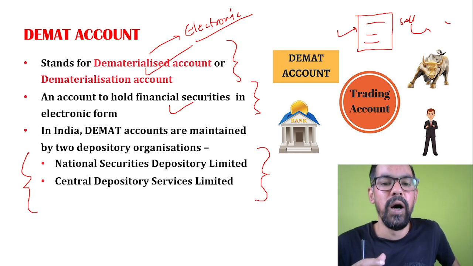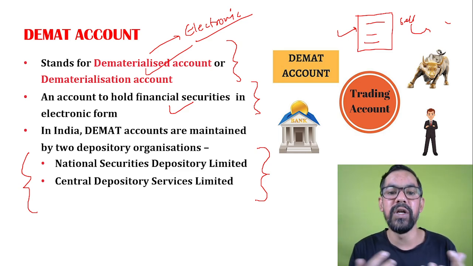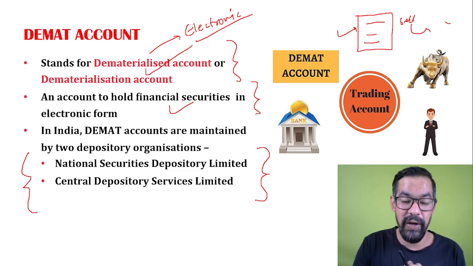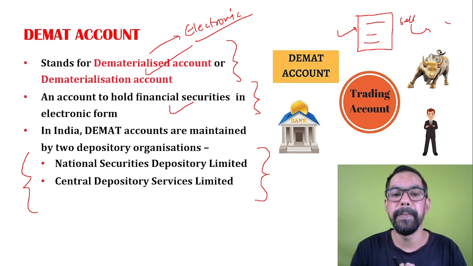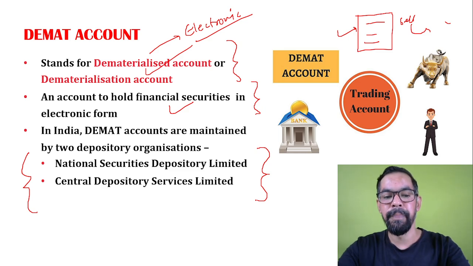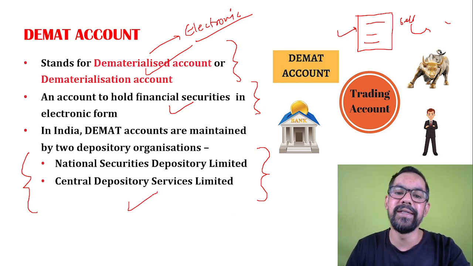Depositories basically keep the information about the overall sale and purchase of securities in the Indian market. NSDL is owned by NSE, and CDSL is owned by BSE. Whenever you open your account, your details and your account are generally managed by NSDL or CDSL.